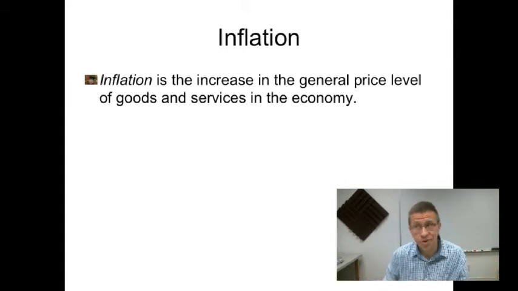So while the price of college tuition may be going up pretty significantly, much faster than the rate of all products on average, the price of computers and televisions and housing, for example, might be falling. So the overall increase in the price level might be 2%, 3%. That is what we mean by inflation.